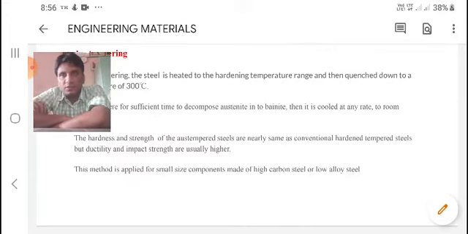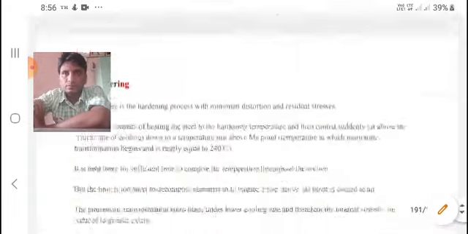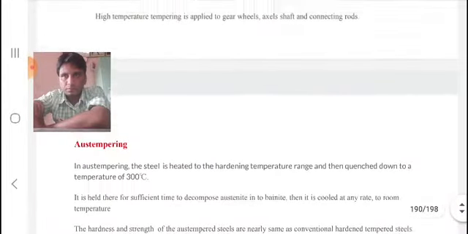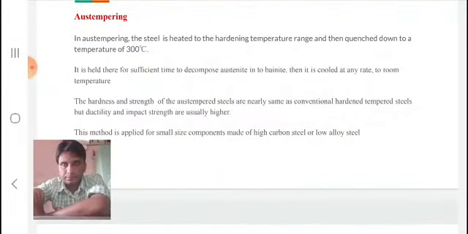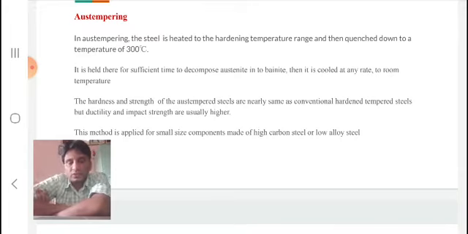This method is applied for small size components made of high carbon steels or low alloy steels. So that means, we already discussed hardening. What is hardening?